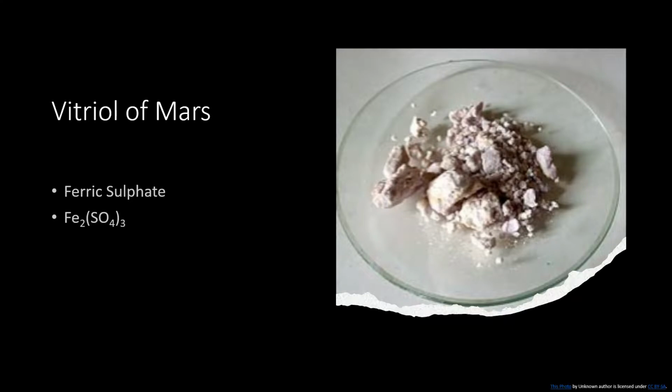But my guess would be that it has ferric ions and it is red in color, which are both similar to the surface of Mars, which is red in color and contains a lot of iron. Although the surface is mostly iron oxide, maybe that explains some reason why it is called vitriol of Mars. If any of you have a better idea about the origin of the name, you can leave it in the comments.